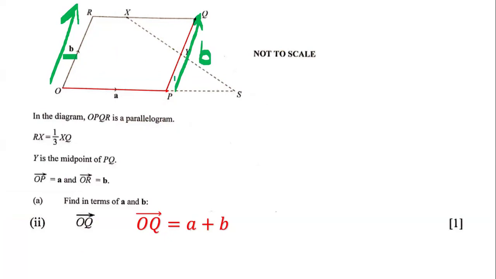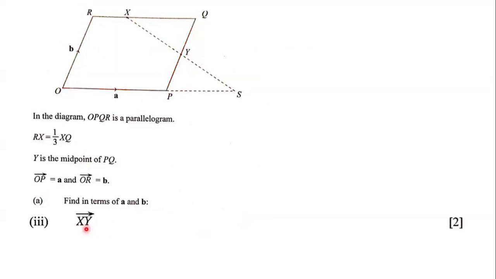That's because these two sides are equal in length, and it's a parallelogram, so they are not only equal in length, but also parallel to each other. So if this is b, this must also be b. And so OQ is equal to a plus b.